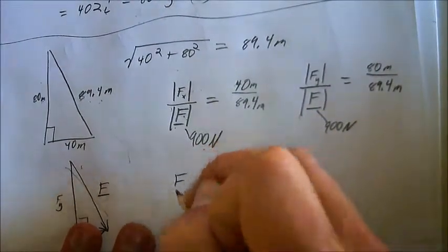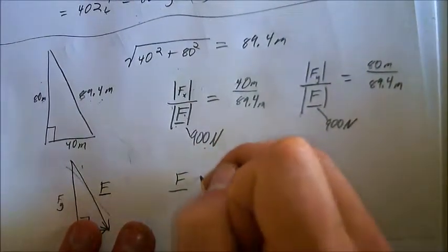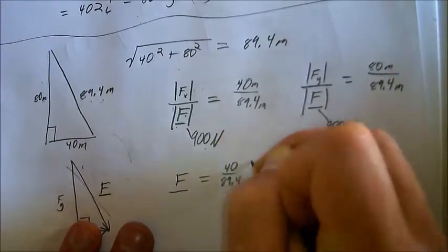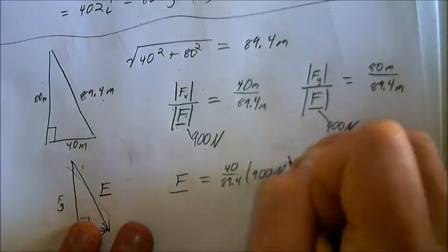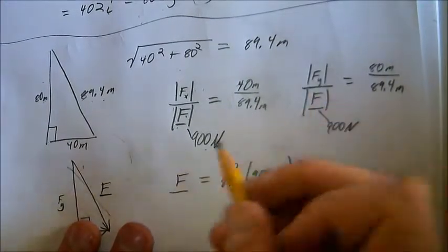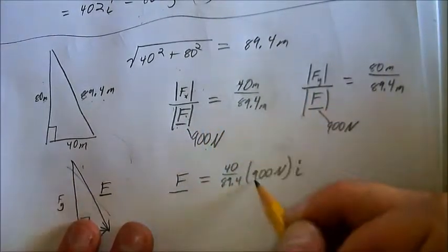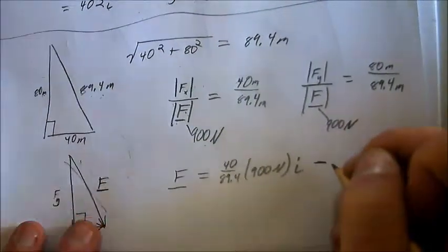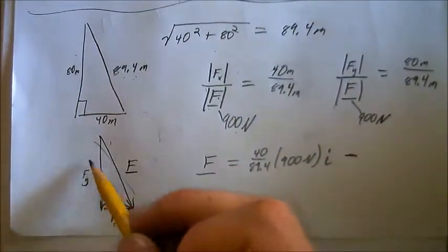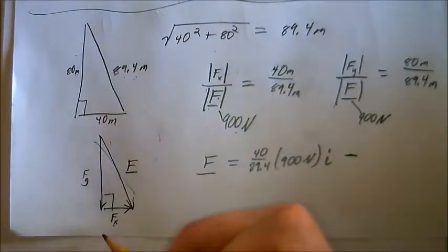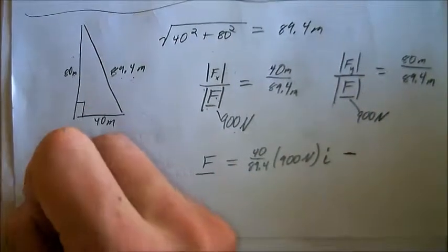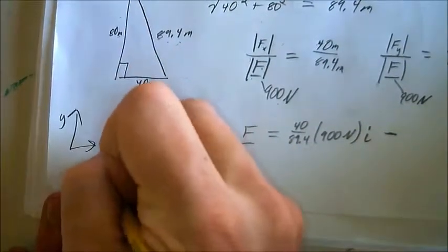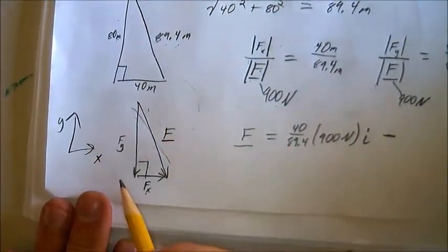So in order to get the final force, you have to get 40 over 89.4 times 900 newtons i, which is just solving out this equation right here and plugging it in down here, minus, we have to assume it's minus because we know that the y vector is pointing down, which is opposite to the axis system that we set up where y is pointing up and x is to the right. That was just inherent in the problem.